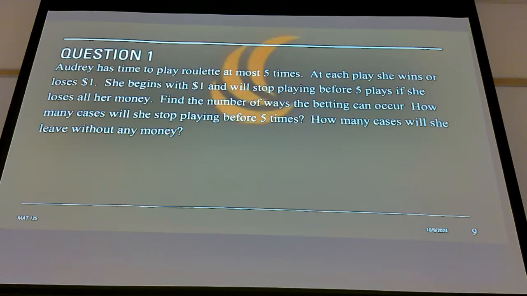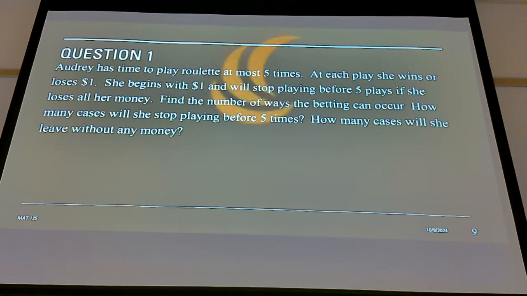Yeah, and this is a very common theme in probability: gambling. Audrey has time to play roulette at most 5 times. We're going to keep it simple. At each play, she wins or loses $1. Very simple.